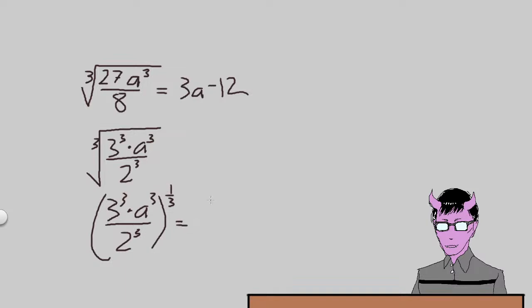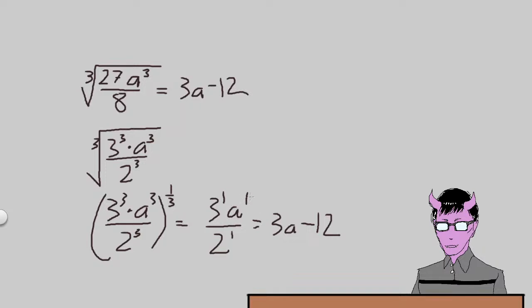So that is equal to 3 to the power of 1, 8 to the power of 1, and then 2 to the power of 1. No need to worry about plus minus shenanigans. This is odd on the bottom, odd on the top. Don't forget this thing though. Copy paste 3a minus 12.